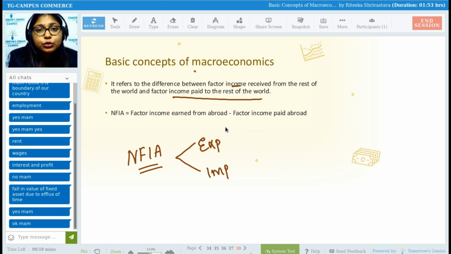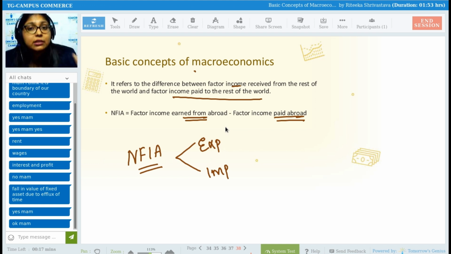How do you find the actual value of NFIA? The actual value of NFIA is factor income from abroad minus factor income paid to abroad. Factor income, recently we studied while we were learning the terms. That time we saw one term, factor income.